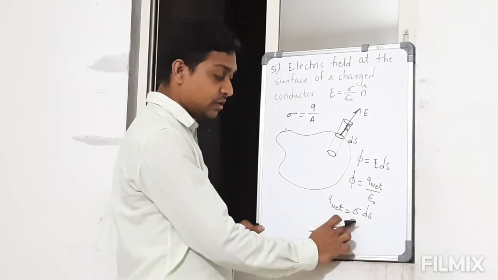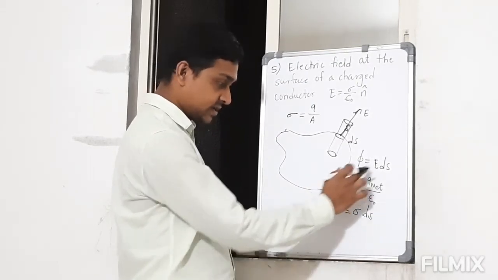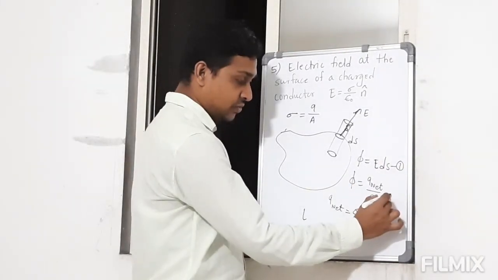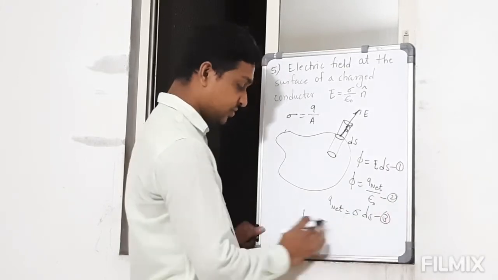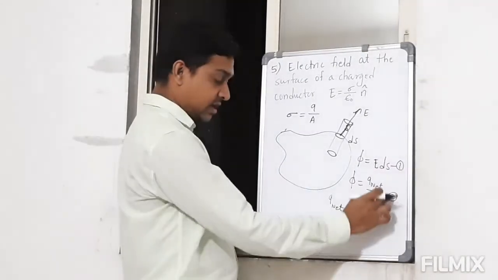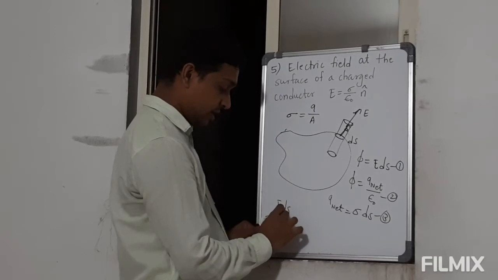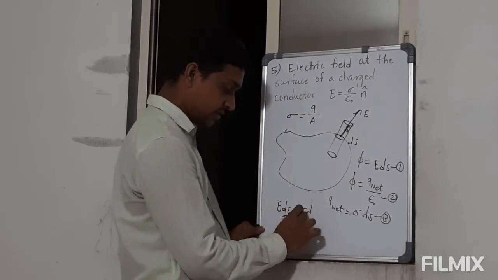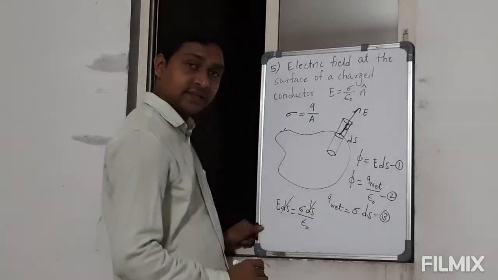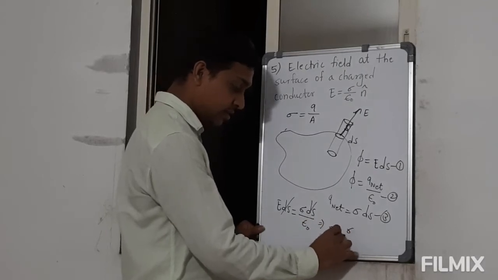So Q net is equal to sigma into ds. Okay, so we can substitute this in this term. Let's say this is equation number 1, this is equation number 2 and equation number 3. So substituting equations 1 and 3 into 2, we get E ds is equal to sigma ds upon epsilon naught. Okay, ds can easily get cancelled out, and we can say that E is equal to sigma upon epsilon naught.